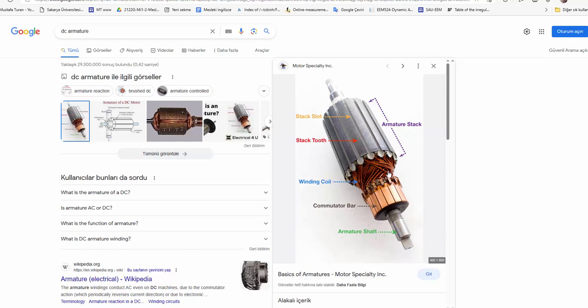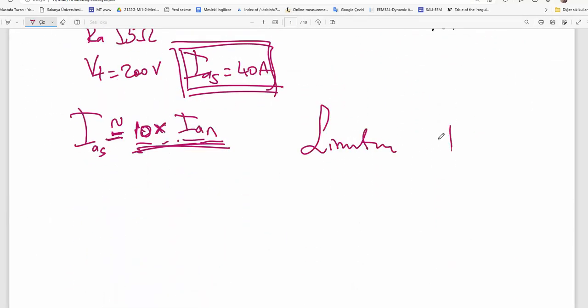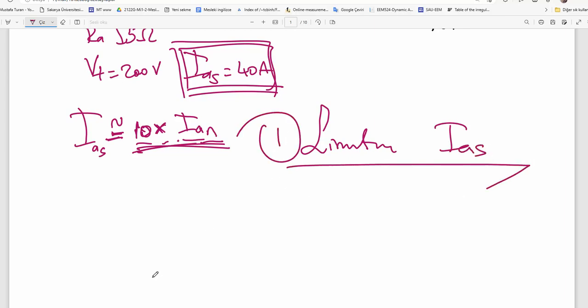But during the startup process, you force conductors at 10 times higher current, overcurrent. So it causes some fatigue in conductors. There would be some damage in conductors. So our job is limiting startup current.